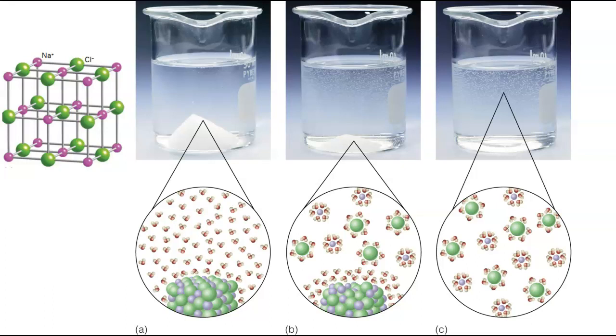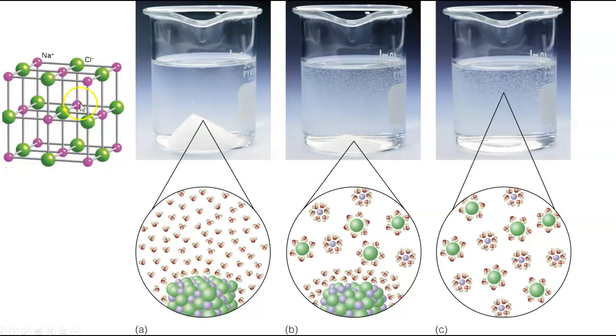Water also has the ability to dissolve polar compounds, such as here sodium chloride, which is an ionic compound, your regular table salt. If you put that in water, the crystals, over time, will dissolve into the water. And that's because, once again, of the polar properties of water.